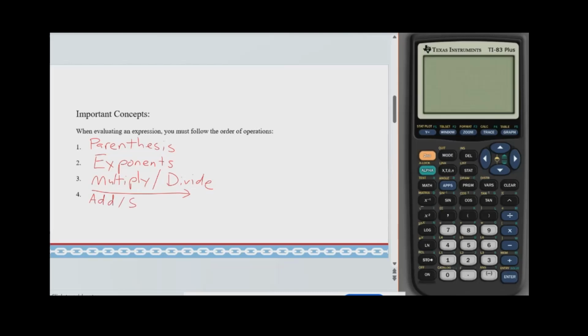And again, just as they come up in order in the problem. Okay, so those last two, it could be subtract and then add, could be divide and then multiply. Right? In previous years, you've learned this as PEMDAS. Right? Remembering that multiply, divide, add, and subtract are grouped in the same step.